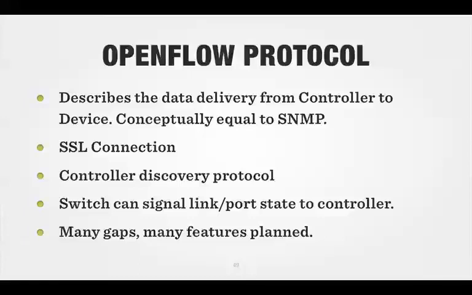There's also a controller discovery protocol so that the controller can discover what the network device looks like, and the switch can signal back link and port state to the controller. It can say that a link went up or down, or that the port has been unplugged, or data like that. It has to be said that in this particular area, there are many features planned, and there are some gaps in practical things. For example, one area they're working on now is that you have a device, but how do you know what the neighboring device is?